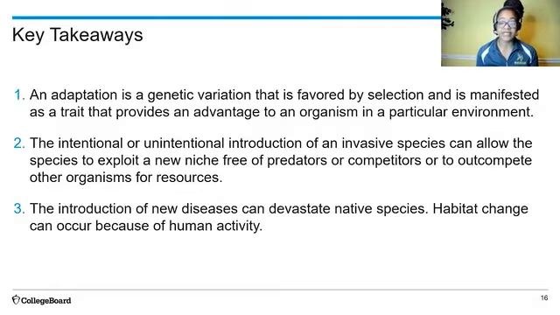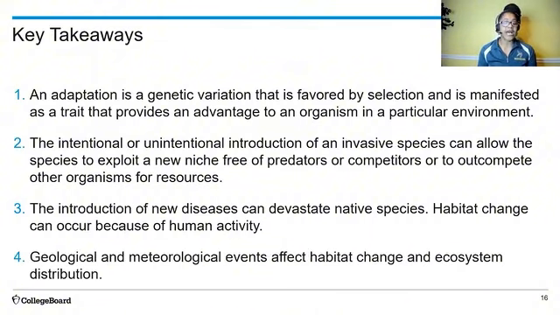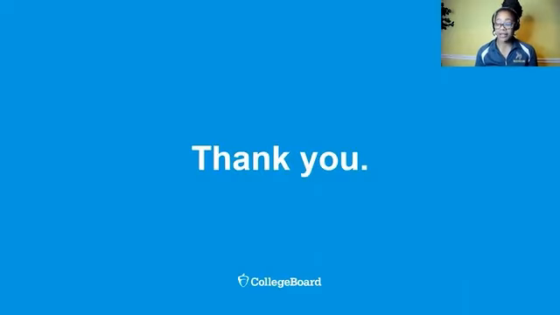The introduction of diseases can devastate native species, and human activity has contributed to the spread of disease. Geologic and meteorological events affect habitat change and ecosystem distribution over time. So make sure you watch all of our AP Daily videos and don't let complacency be an academic invasive species. Biology out.